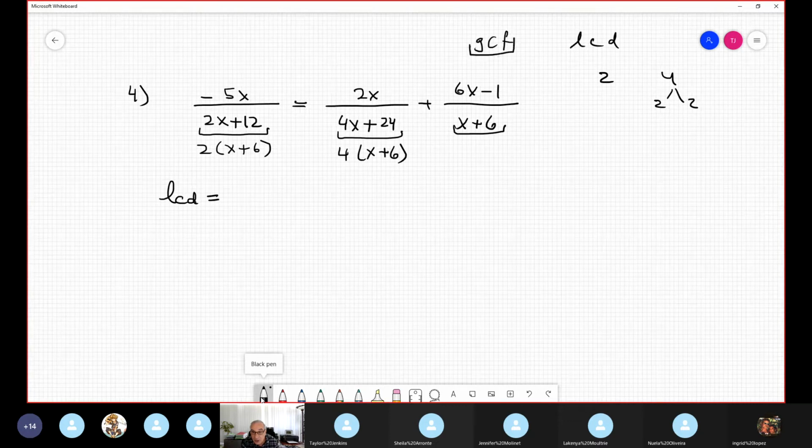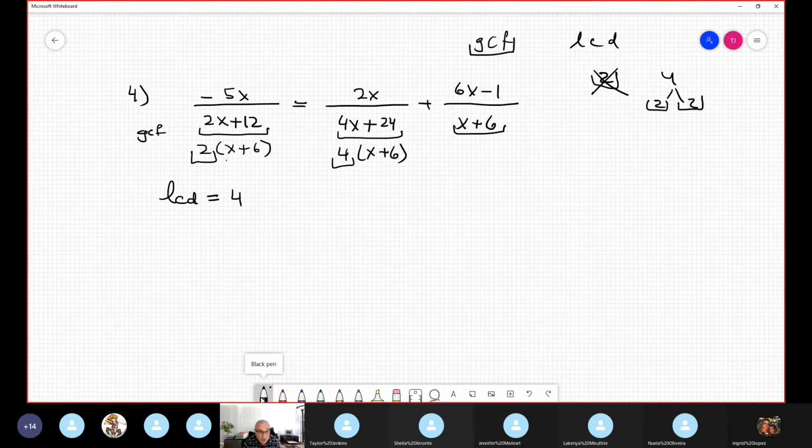You are familiar with greatest common factor, but now you apply the LCD. The LCD rule says you take every factor, the highest repetition of each. We have one 2 here, and two 2s here. You take the majority, so you delete this one because it's the least common denominator, 2 times 2, which is 4. So in the numerical part, with 2 and 4, the LCD is 4.